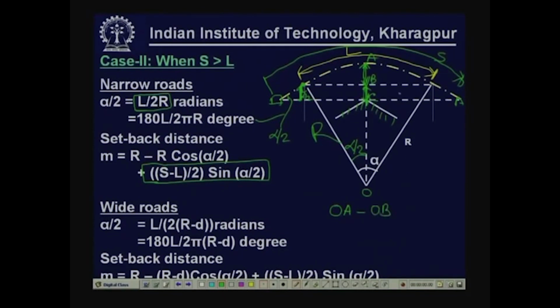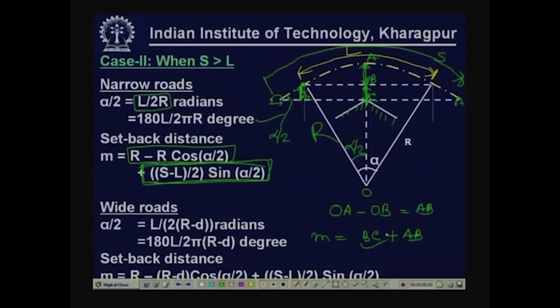So, that gives us AB. Now, we are also adding this part BC. So, total setback distance M is BC plus AB. Okay. So, this part is actually AB and this remaining part is actually BC.